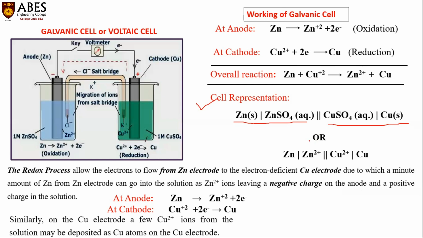Also, we can represent this half cell as Zn | Zn2+ || Cu2+ | Cu. Zinc is going to oxidize, and Cu2+ is accepting 2 electrons, so it is going to reduce. Therefore, it is written on the right side. Here, because oxidation and reduction both are taking place, this is an example of a redox process.